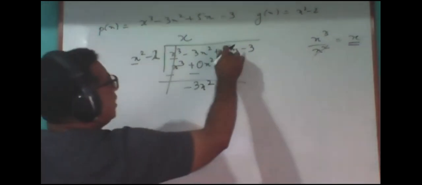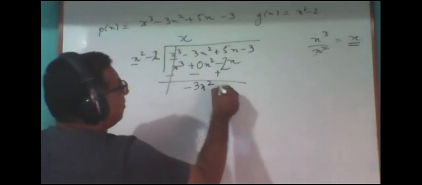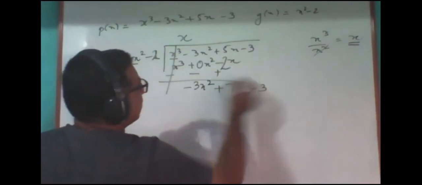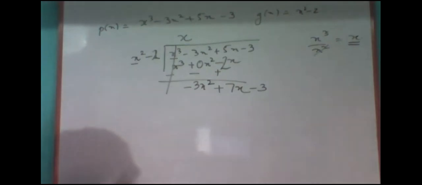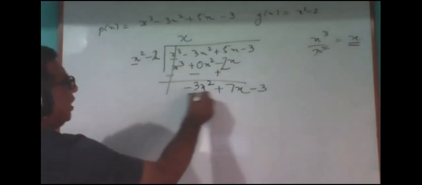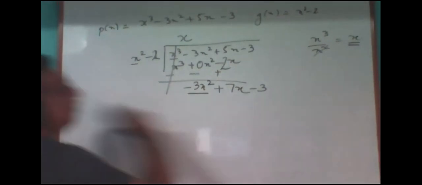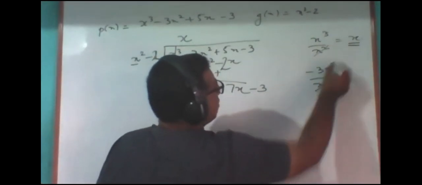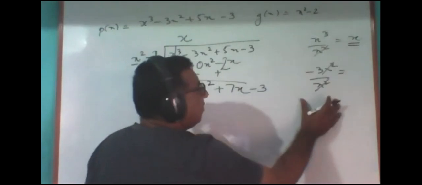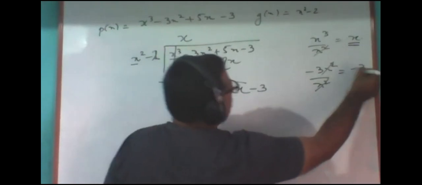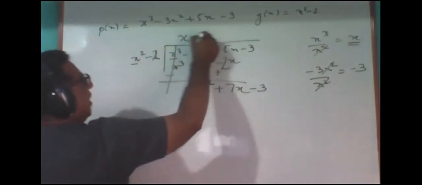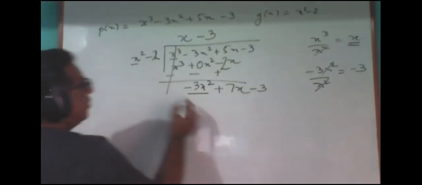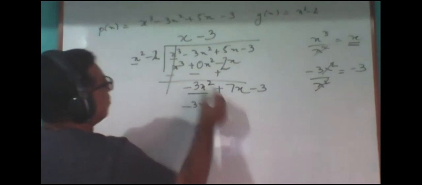Here, plus 5x plus 2x is plus 7x, and this one is minus 3. Now again I want minus 3x square, and I have x square. Minus 3x square upon x square, you perform this in rough work, you get minus 3. So write minus 3 here. Minus 3 into x square is minus 3x square.